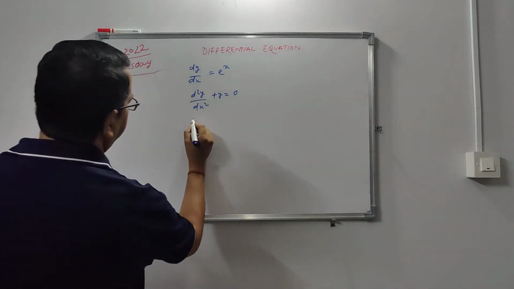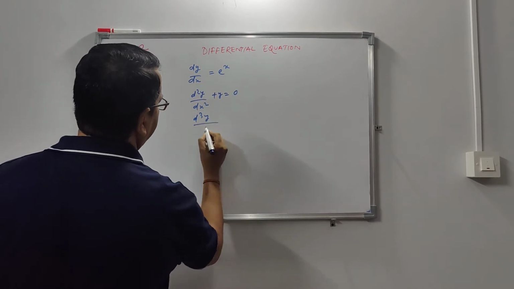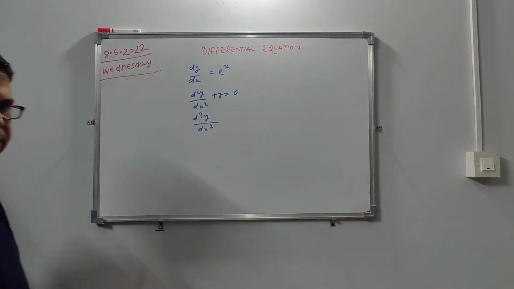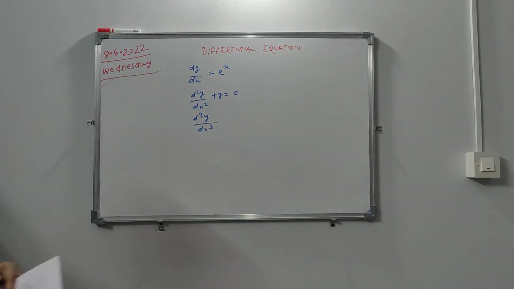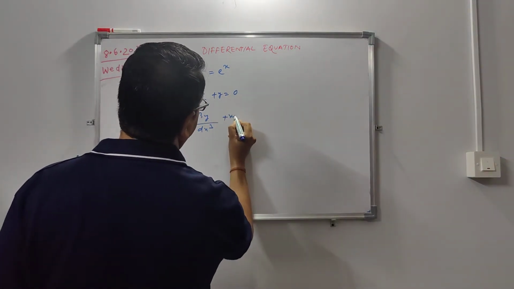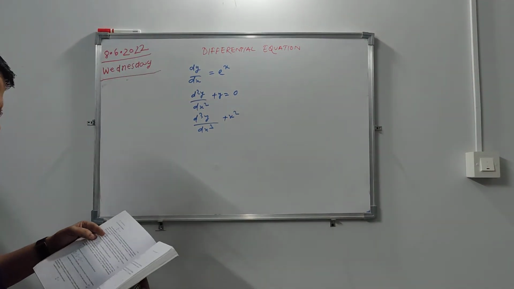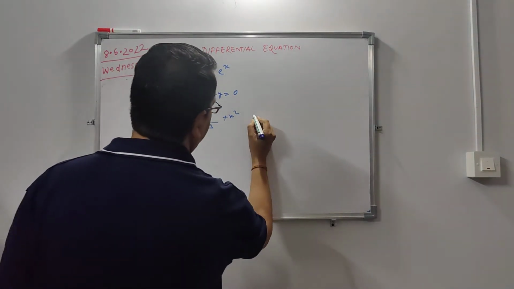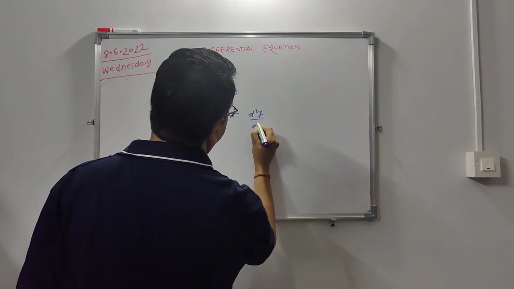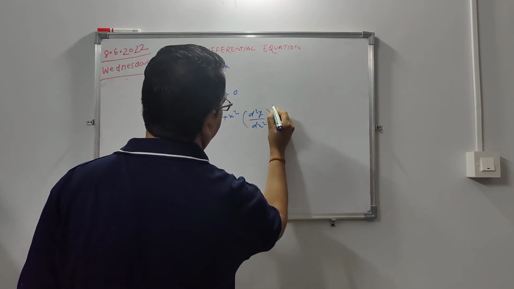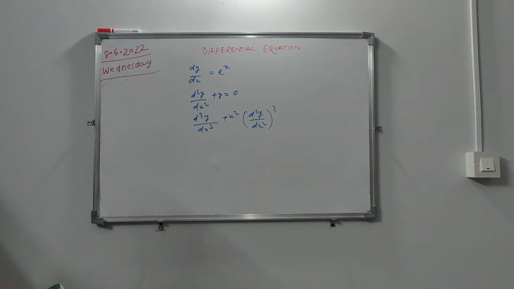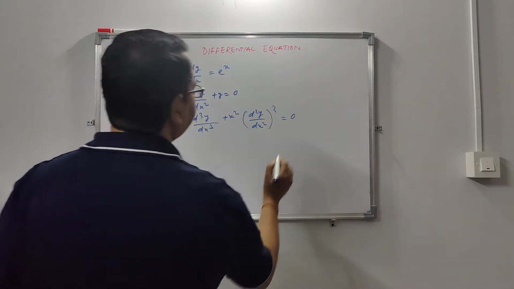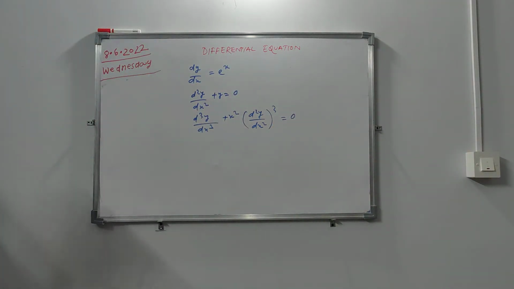Then d cube y by dx cube, that means you are differentiating it 3 times, plus x square into d square y by dx square, whole cube, is equal to 0.